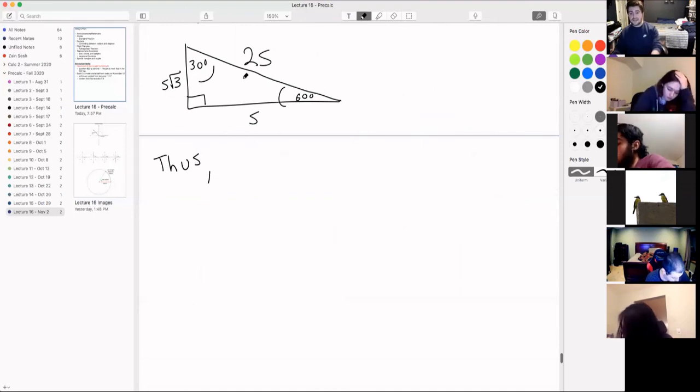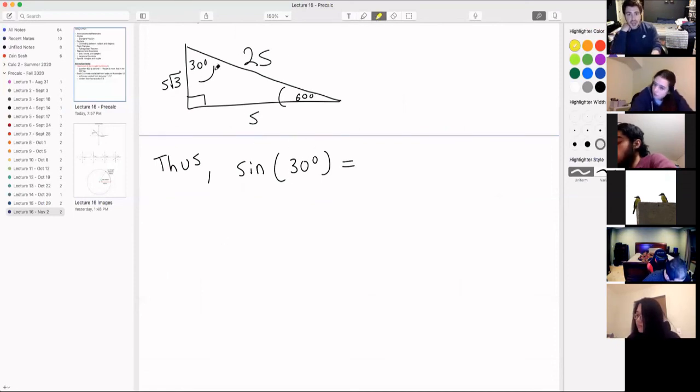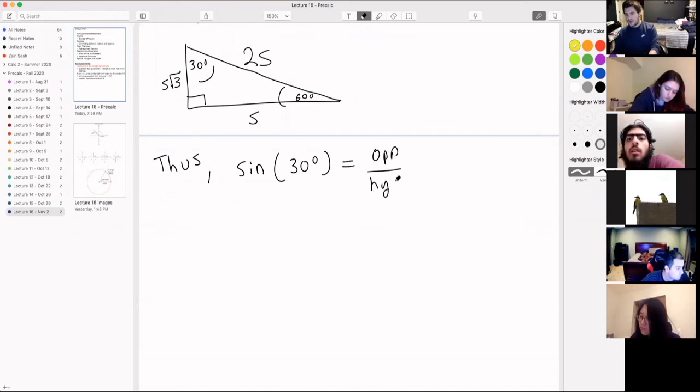We can find the sine of 30 degrees now. So sine of 30 degrees. Remember for sine, we go to the 30 degrees, and then we look at opposite over hypotenuse. Opposite from 30 is S, so I will put that in the numerator.